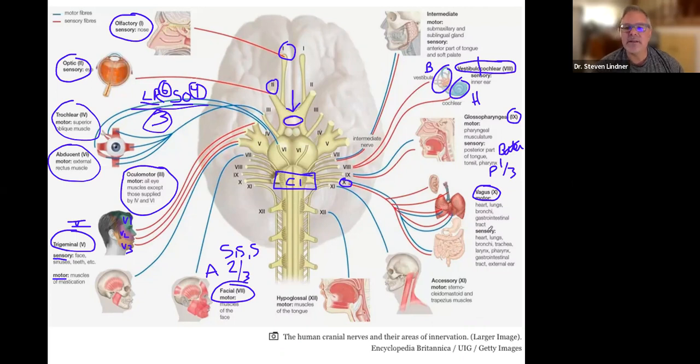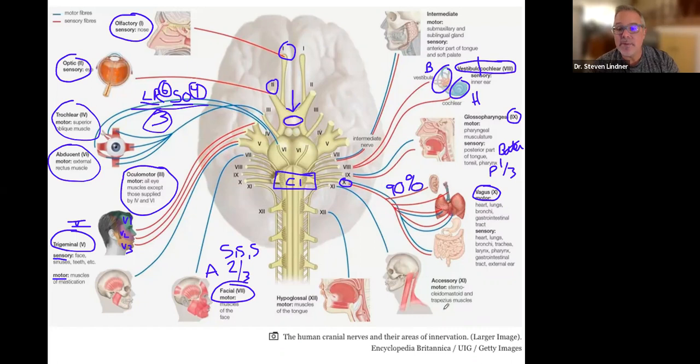It affects pretty much the entire gastrointestinal tract, lungs, heart, stomach, everything. It's called vagus because the word vagus or vagal means vagrant. Like this nerve wanders to 90% of the human body. It wanders to about 90% and makes up also 90% of the parasympathetic.